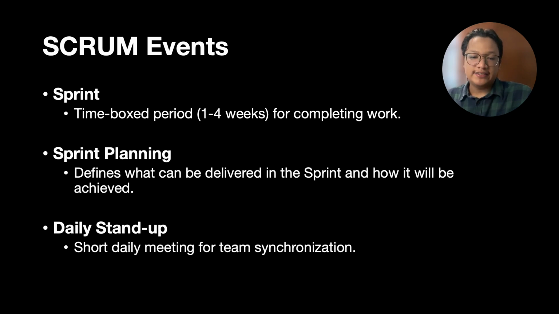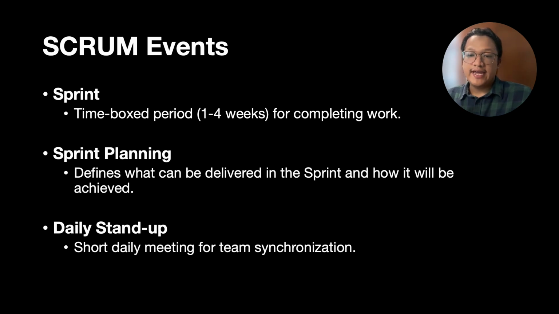Sprint is defined as a time-boxed period, usually 1 to 4 weeks, depending on each team's agreement and also the scale of the product, during which a usable product increment is created. Sprint planning sets the agenda for the sprint, defining what can be delivered and how it will be achieved.